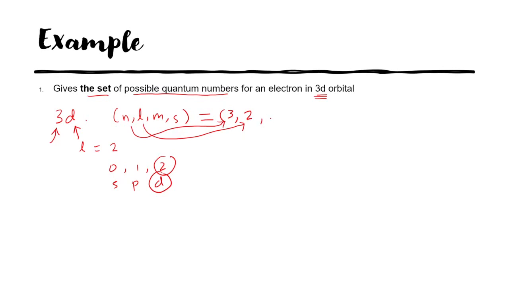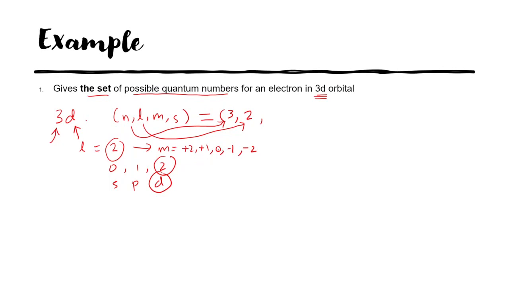But what about M? When L equals 2, you need to remember that your M will be positive 2, positive 1, 0, negative 1, negative 2. So you can choose either one, but do not put everything. A set of quantum numbers refers to one electron. One electron cannot have more than one orientation.